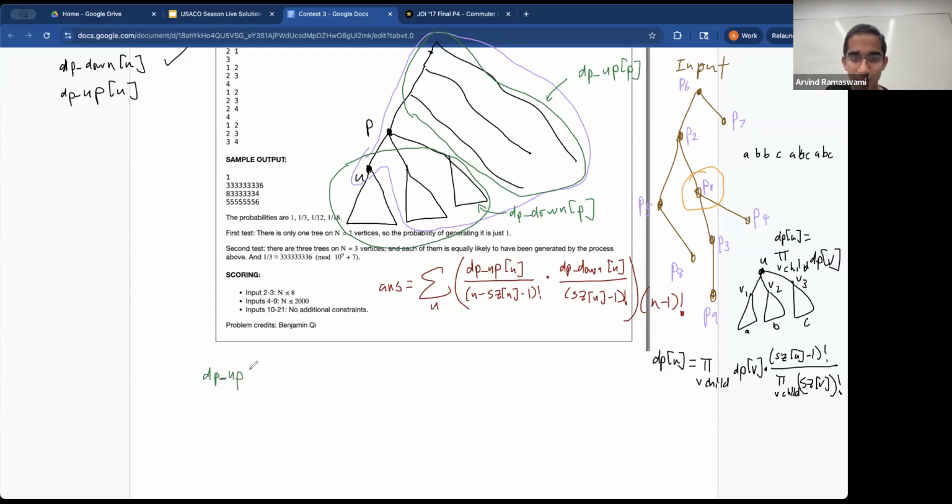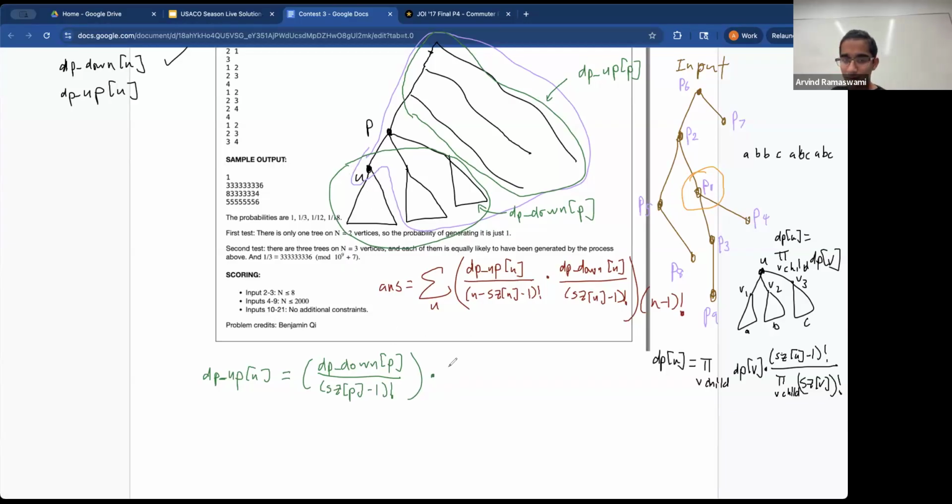So dp up of u is going to be dp down of P divided by the size factorial, so size P minus 1 factorial, times, and we need to remove the contribution of this, right?